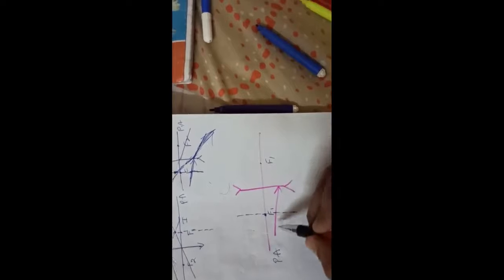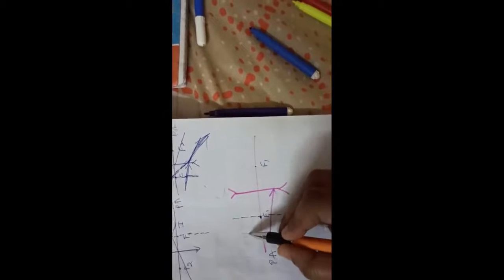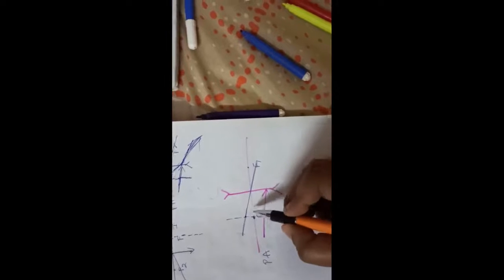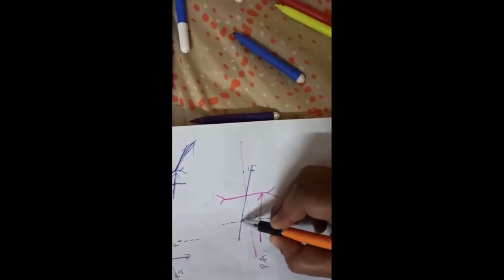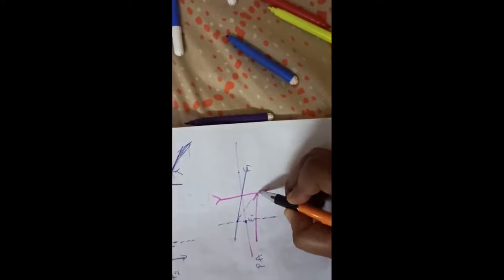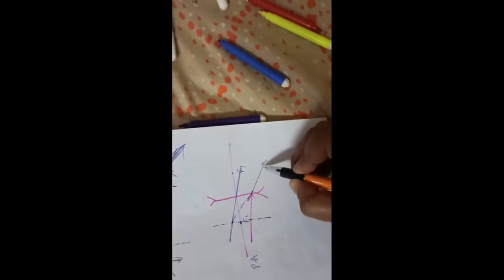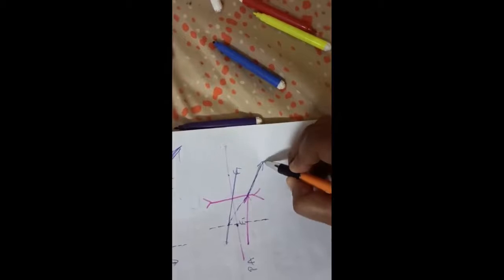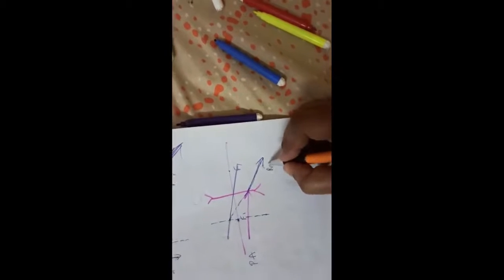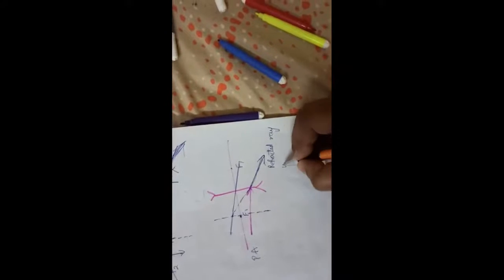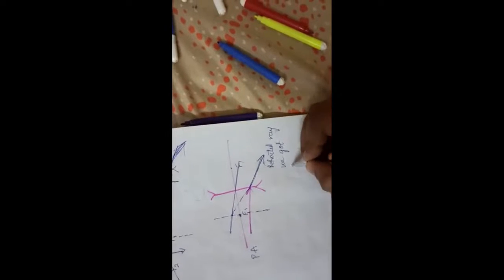So if we draw a parallel line to this incident ray, here it will meet. So joining this point to the point of intersection on this incident ray, we can extend. So in this path it will refract. The refracted ray we got from the steps.